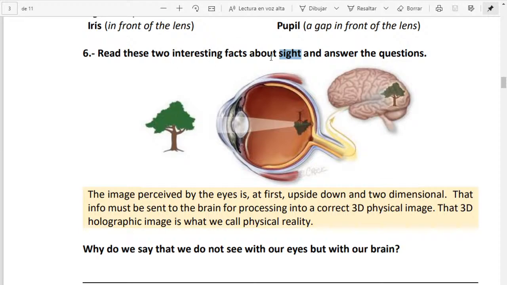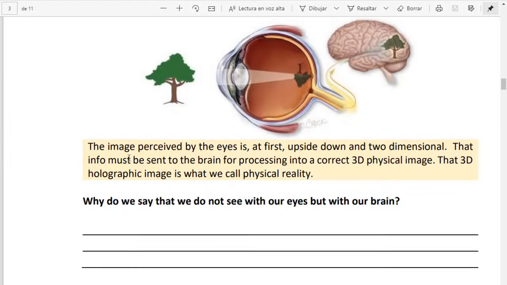So, 2 interesting facts about sight. The image perceived by the eyes is at first upside down and 2-dimensional. So look here. This is a person's eye, and this is a person's brain. And this person is looking at this tree.